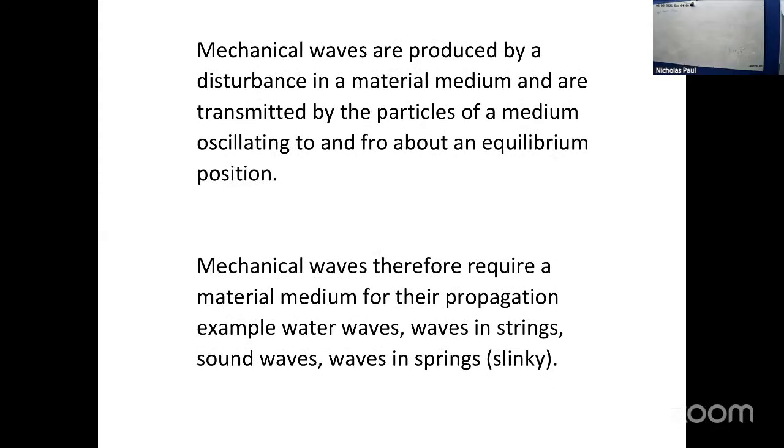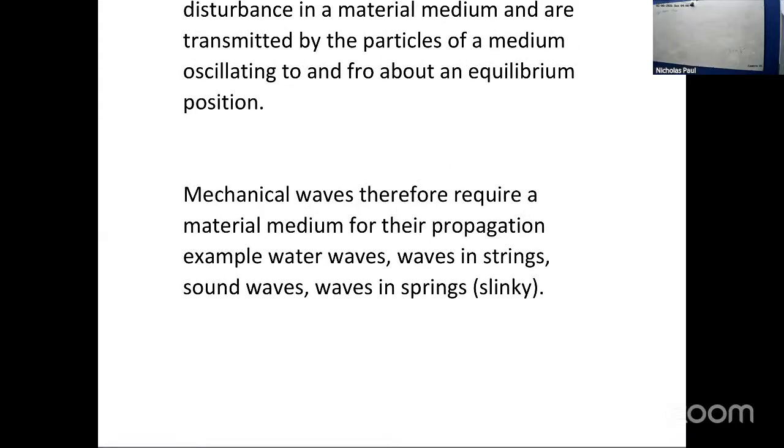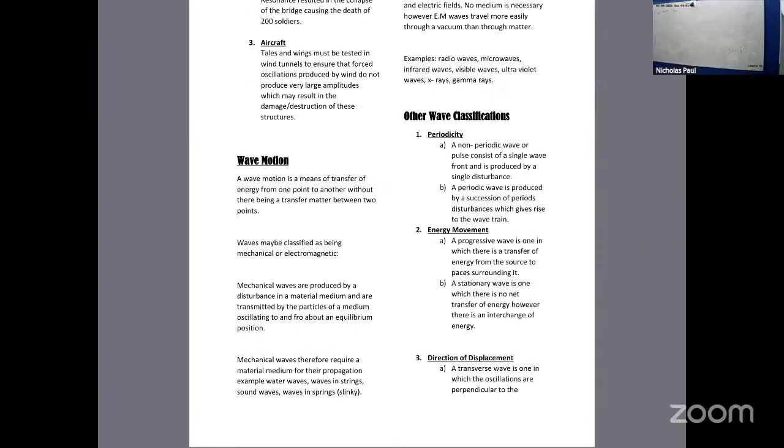Mechanical waves are produced by a disturbance in a material medium and are transmitted by the particles of the medium oscillating to and fro about their equilibrium position. Mechanical waves therefore require a medium for the waves to propagate, for example water waves, waves on a string, and waves on a spring. They need a medium to pass through.